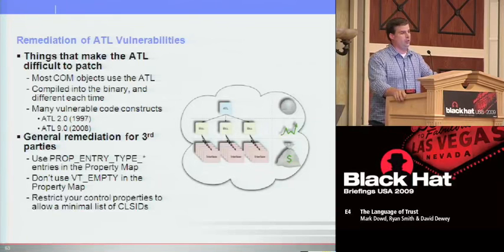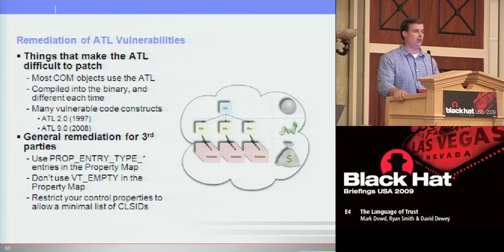In addition, when you get the new copies of the ATL, you need to make sure that you use the safe macros for defining your property maps. Do not use VT_EMPTY in the property map and create that void star issue that we talked about.